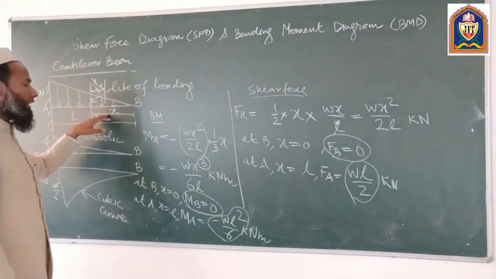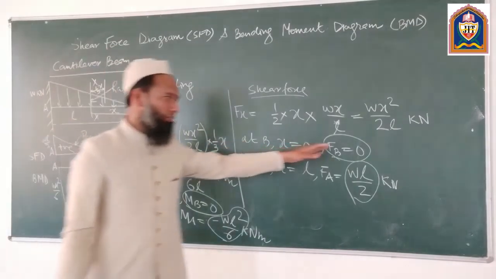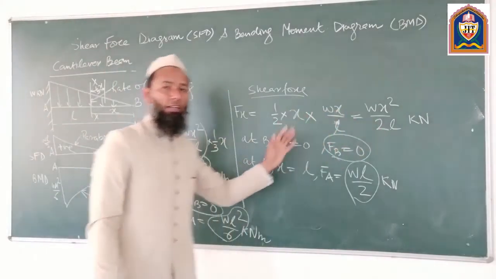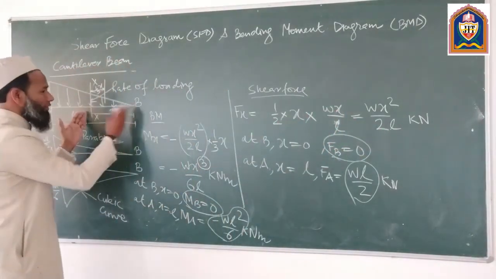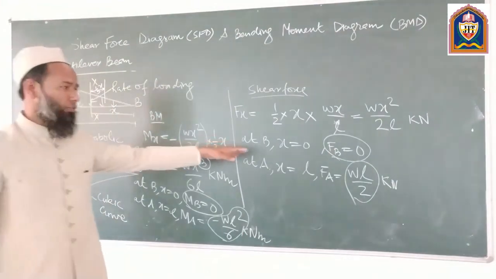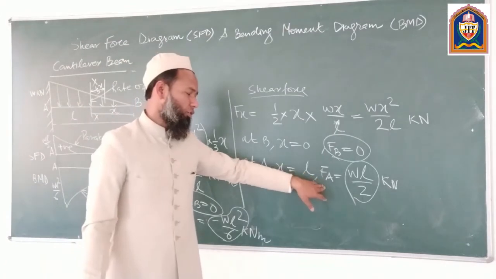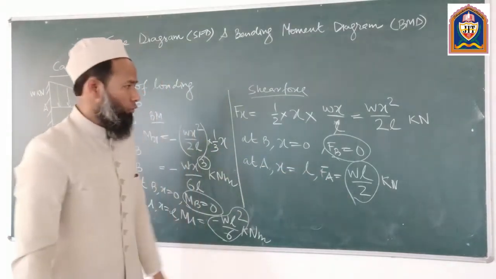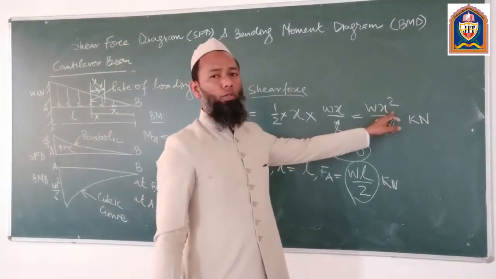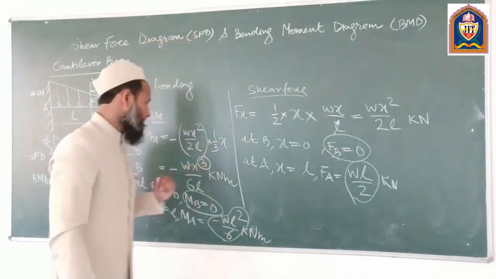So this will give us the area of the triangle, which is the total load acting on the right side of this section. At B, x is 0, so shear force is 0. At A, x is equal to L, so shear force is WL upon 2. The power of x is 2, so it's parabolic in nature.